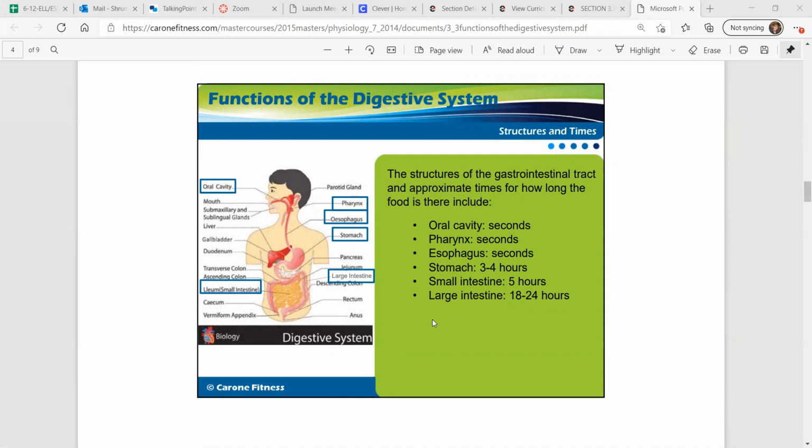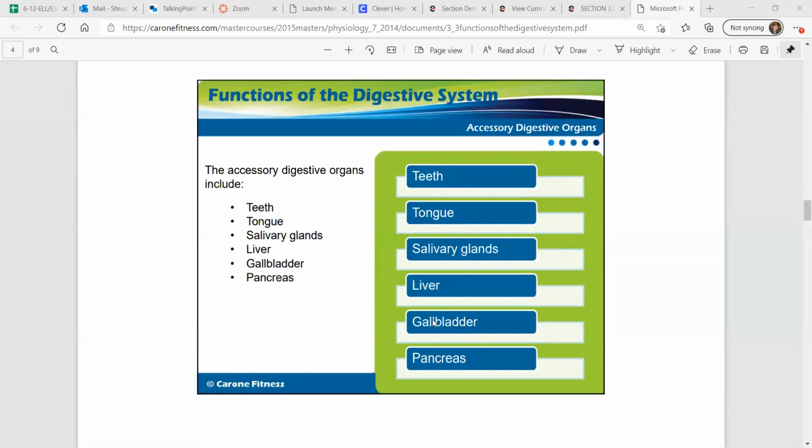Notice that for you to chew and swallow the food, that takes very short amounts of time. But once it enters your stomach, your small intestine, and large intestine, that's where it takes a while to get through your system.